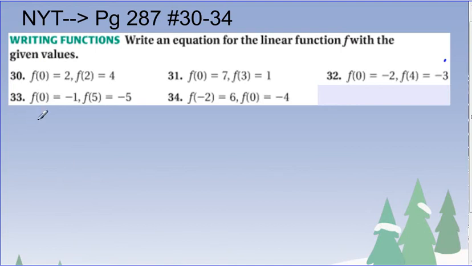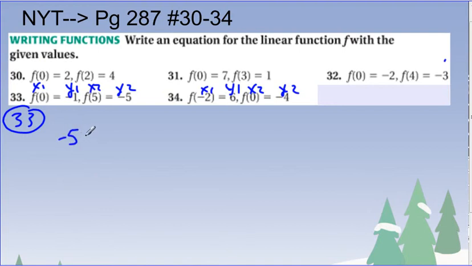Number 33. We've got x1, y1, x2, y2. This equation for slope is y2 minus y1 over x2 minus x1.